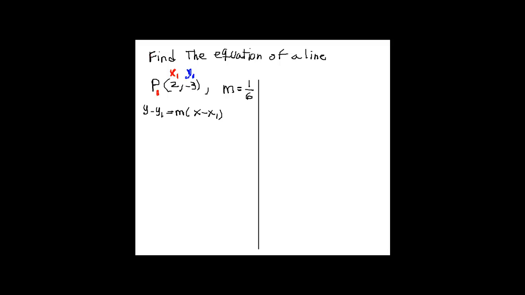Okay, so in this case, I would write this as y minus, in this case y1 is minus 3, and the slope is given to me as 1/6, and here we have x minus, again x1 is 2, and this is the equation of the line.